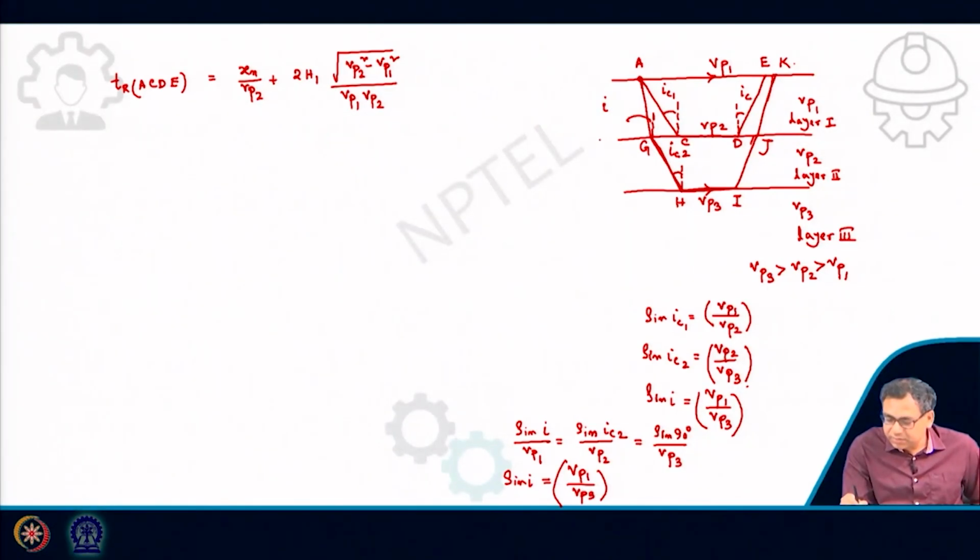Okay, so what is h1? h1 is the thickness of the top layer and h2 is the thickness of the second layer.